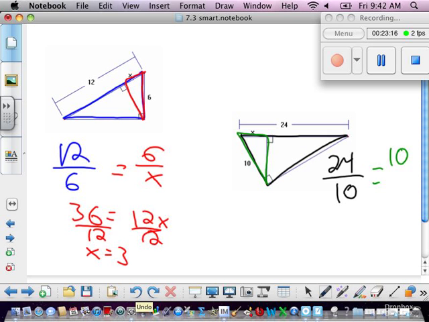And what is the leg? So I get 100 equals 24x. I divide both sides by 24. So x equals 4.16 repeating.